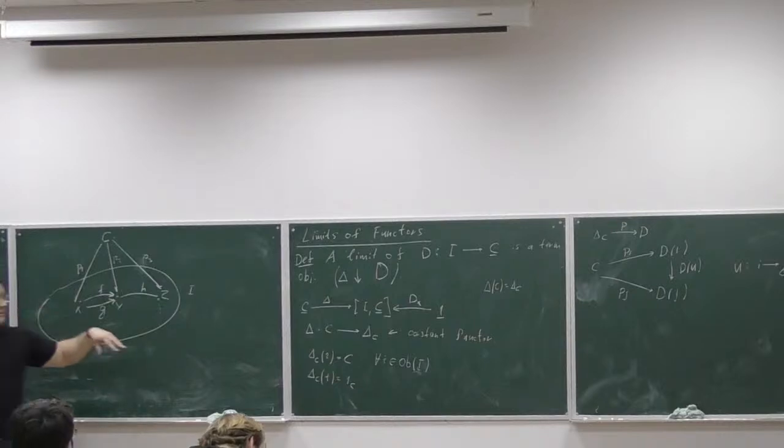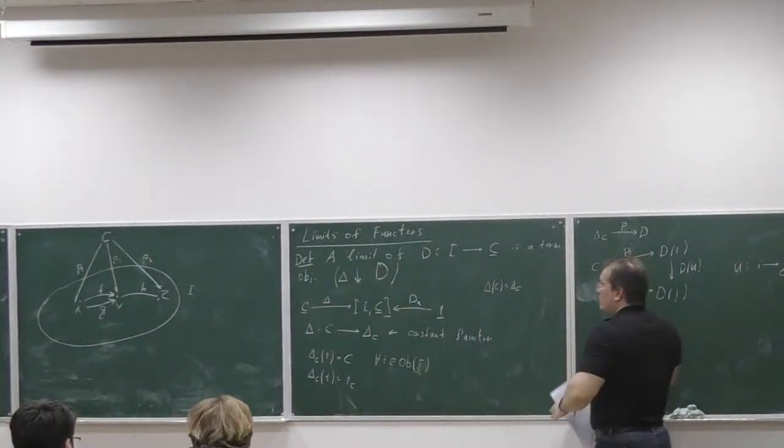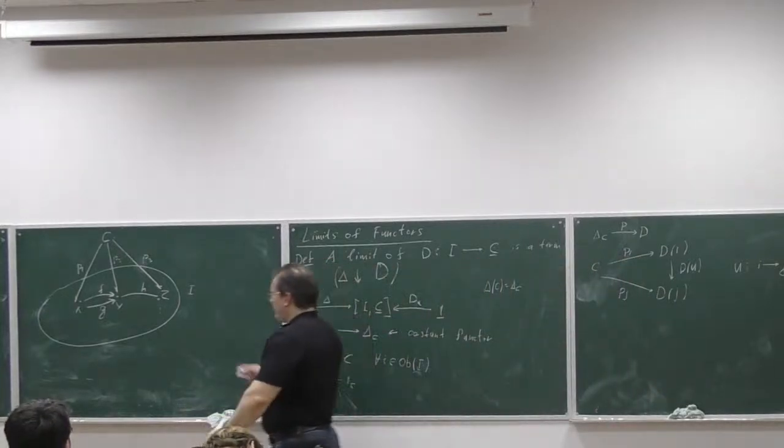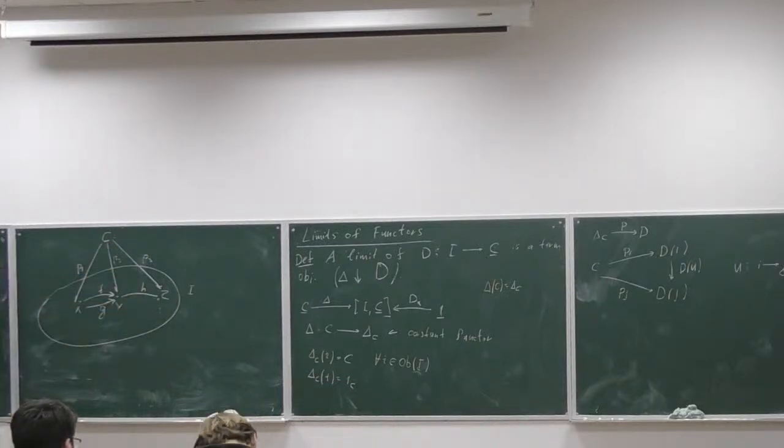Well, from this abstract definition, they come as components of this natural transformation. From what we saw in our examples, a limit was always an object and projections from this object to the diagram.